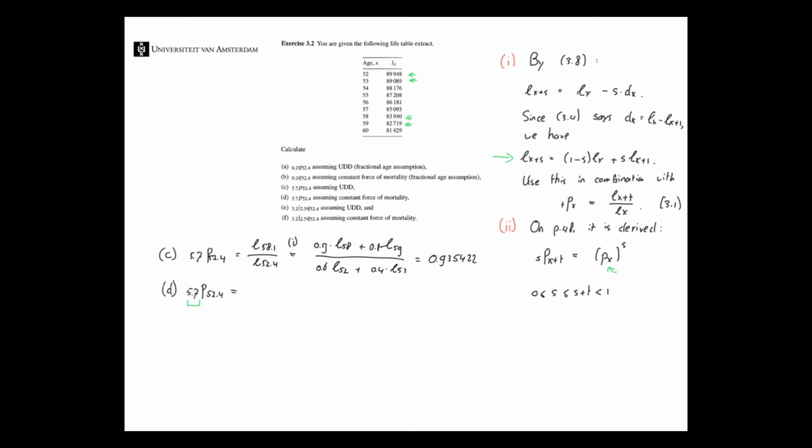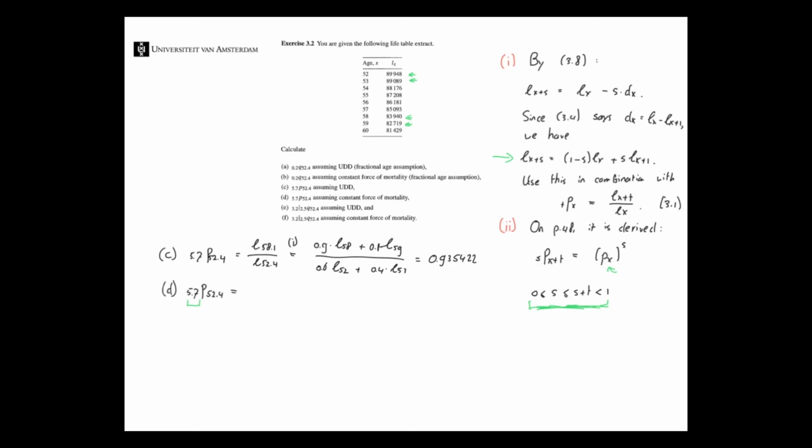But 5.7 does not satisfy this restraint here on the right. So s and s plus t has to be smaller than 1. And in our case, we have that it's equal to 5.7, which is of course bigger than 1.